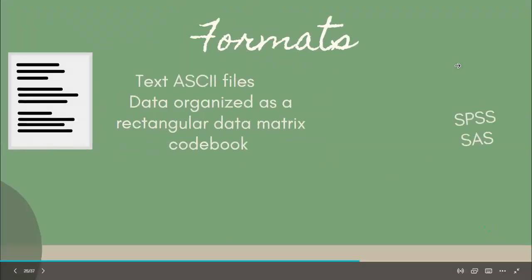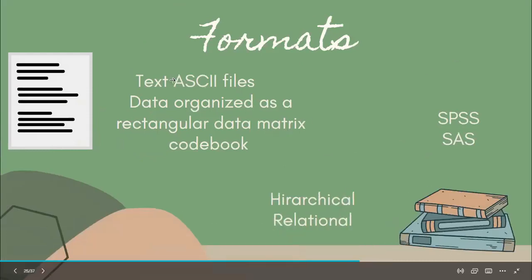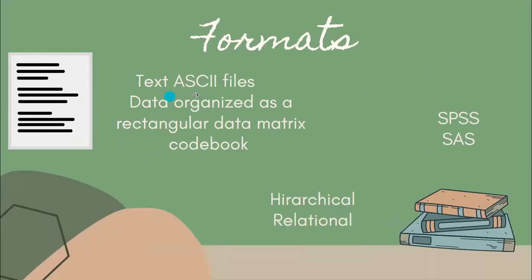Now we have the formats in which you can find your secondary data. The most common one is a text ASCII file. In these, the data is organized as a rectangular data matrix, and it comes with a code book.